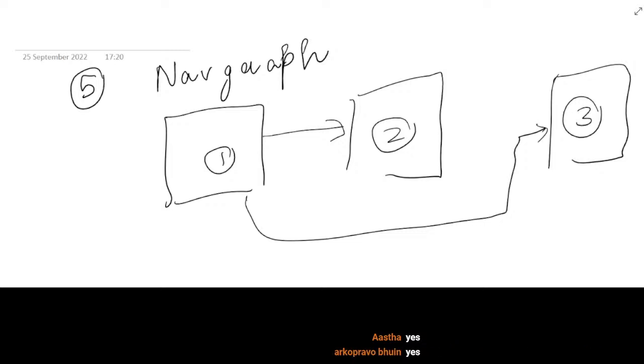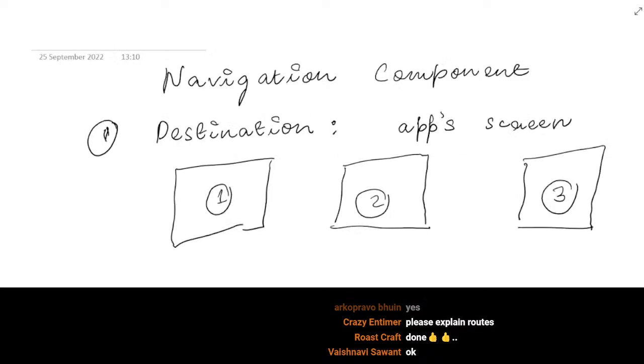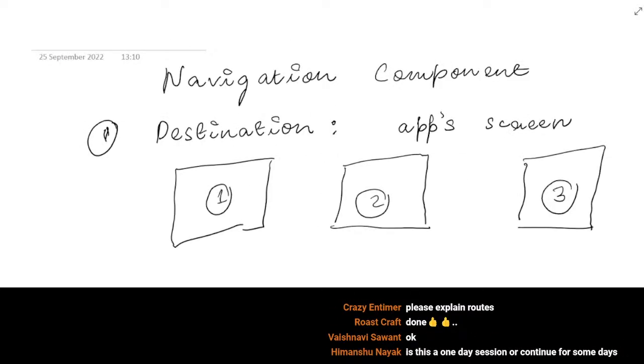Route. All right, crazy and timer. So route is nothing but what corresponds to the navigation action. Suppose I have a remote. I am using this analogy to get things more simplified. So suppose I have a remote, and I enter channel 12 in the remote.